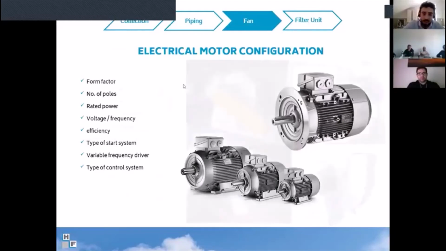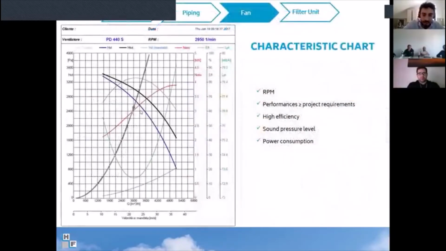Looking at the characteristic chart, by increasing the rotation speed of the motor, so of the blower, we can move up the static pressure line. So we can guarantee more performances in terms of both airflow and static pressure. Yeah, exactly.